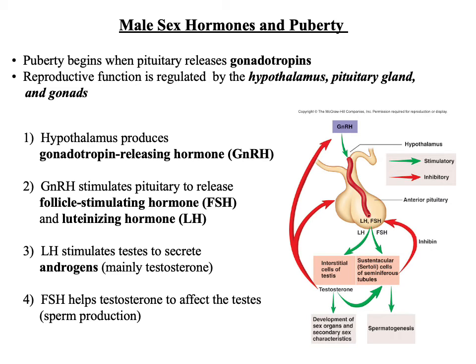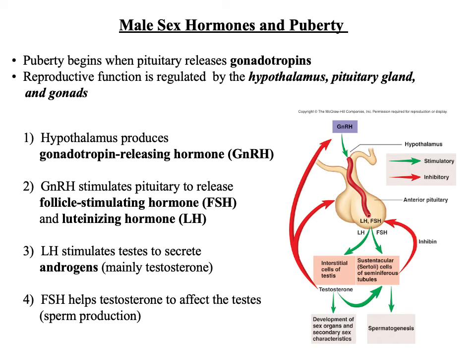This is going to happen for males at least probably between the ages of 10 to 12 or so. That's about when puberty starts for a majority of males. These gonadotropins are kind of the starting point and really the platform after which everything will follow.